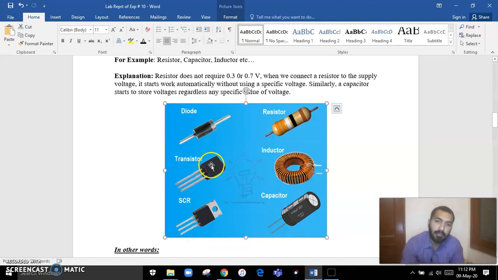So more or less every active component will have three legs or more than three legs. Some active components have four legs.